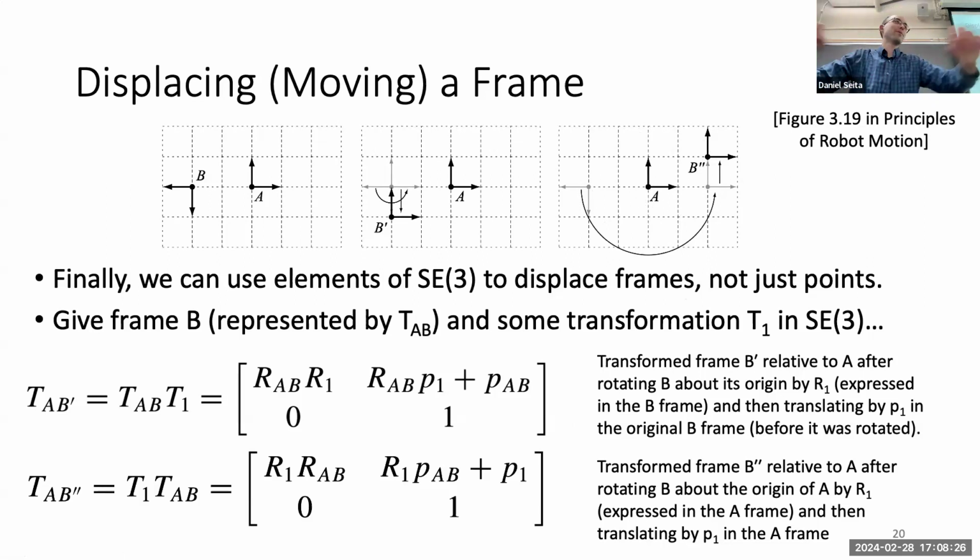Because the farther you are from the center of the rotation, you have bigger magnitude in how far you go. And so this is rotating B about the origin of A expressed in the A frame. And then you translate by P1 in the A frame. So the A frame is here, and that's what the vertical line means here. You translate by the A frame.